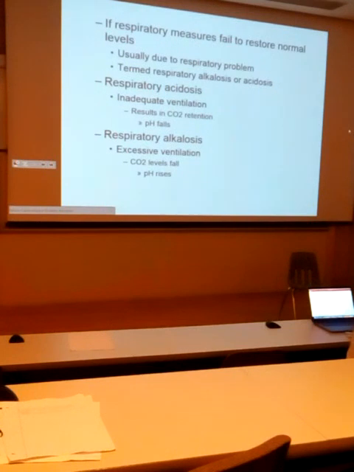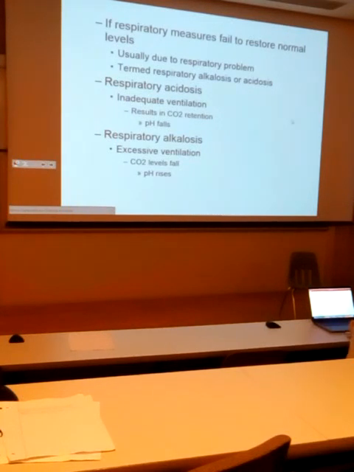Now, that's assuming that your respiratory system is working properly. Sometimes people will have an acid-base disturbance because their respiratory system isn't able to do that. If respiratory measures fail to restore normal levels, this is usually due to a respiratory problem, and then we term the disturbance either respiratory acidosis or alkalosis. If somebody has a respiratory acidosis, that means they have an acidosis because there is something wrong with their respiratory system.